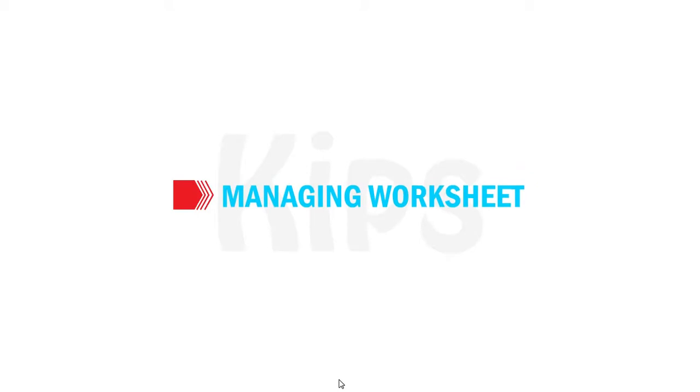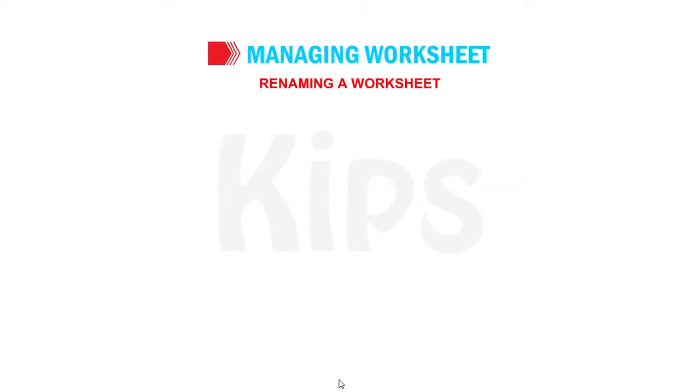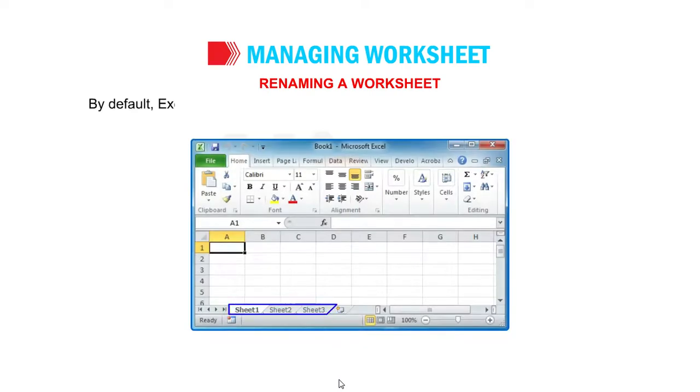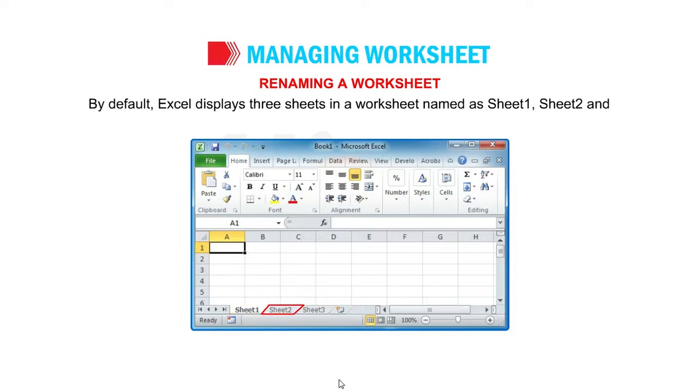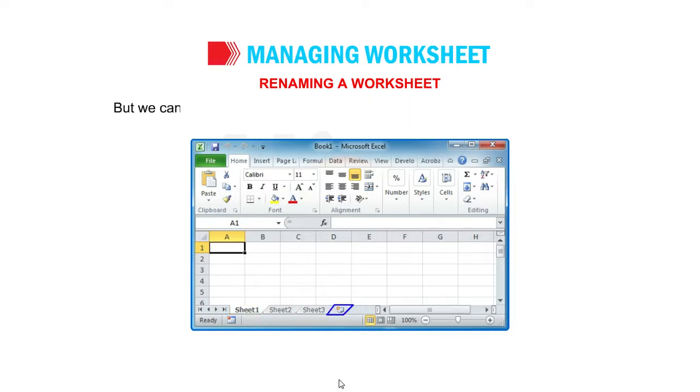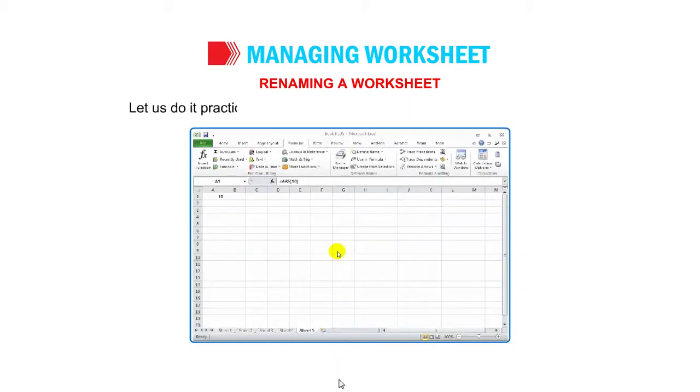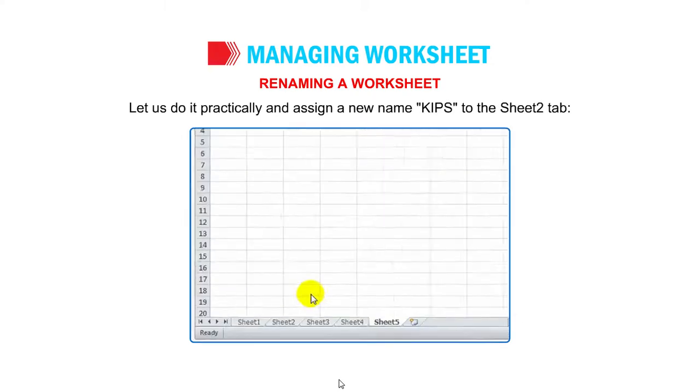Alright students, let us now understand how to manage worksheet. Renaming a worksheet. By default, Excel displays 3 sheets in a worksheet named as Sheet 1, Sheet 2 and Sheet 3. But we can add as many sheets as we require and assign any name to them. Let us do it practically and assign a new name, KIPS, to the Sheet 2 tab.